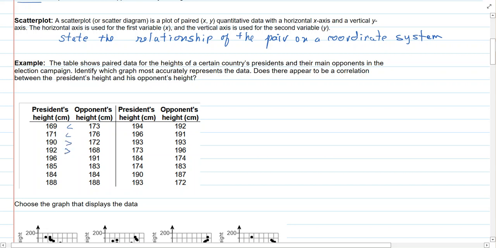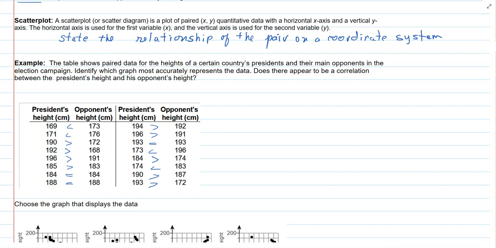And this is taller, taller, taller, taller by a little bit, the same, and taller, taller, the same, less, taller, less, taller, and taller. So we have a lot more taller presidents than we have their opponents in measurement, just by the sheer count of what we can see.